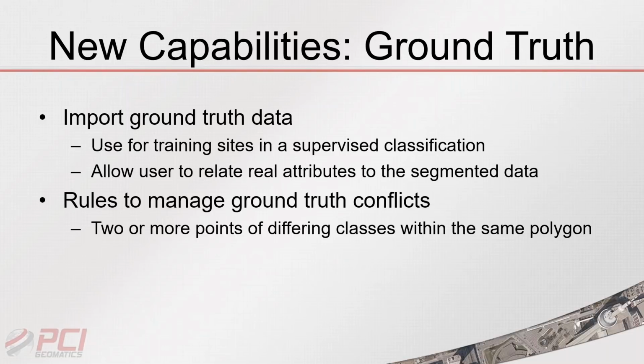This is a nice way to pick your training sites as you're performing supervised image classification. There are specific ways that we handle the data. We resolve conflicts in the case where you have multiple points that represent different classes in the same segment. We have ways of handling that, and we provide you with those options.